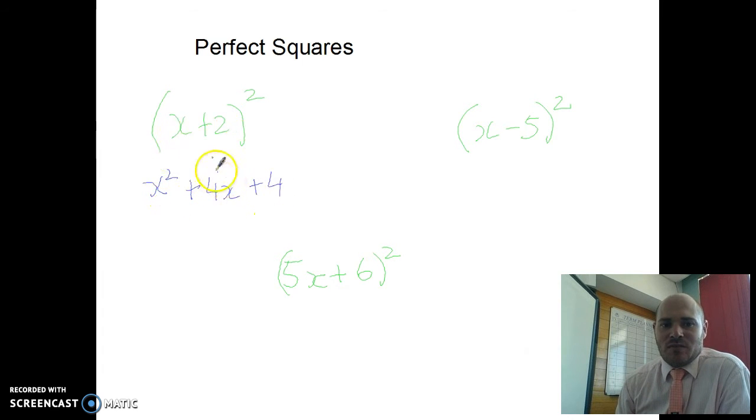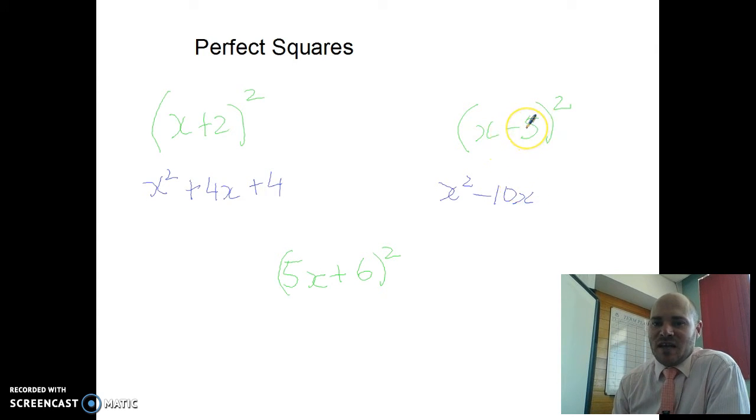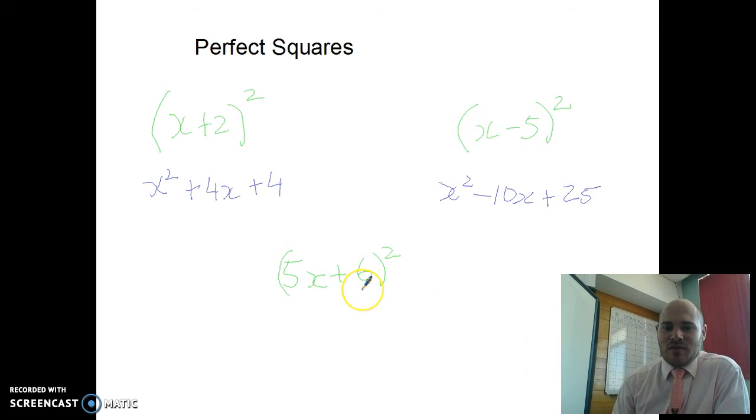So x squared, 4x, and 4. Again, I look at x squared. Now double negative 5 is minus 10, and that's my coefficient of x. And negative 5 times negative 5 gives me plus 25. So if there's nothing in front of x, that's my process.